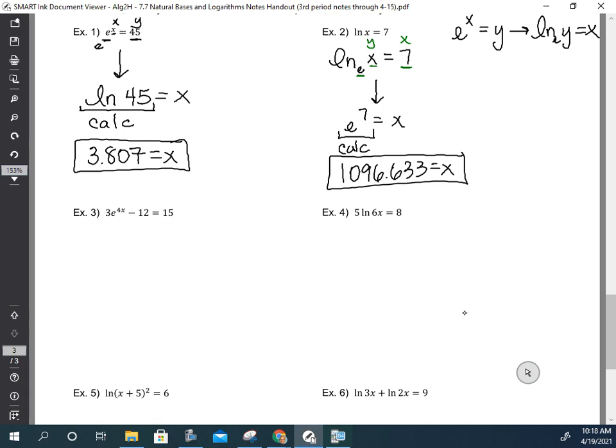Now, when the natural log or the natural base has other things around it, then we have to get rid of it. Then we have to move it around.